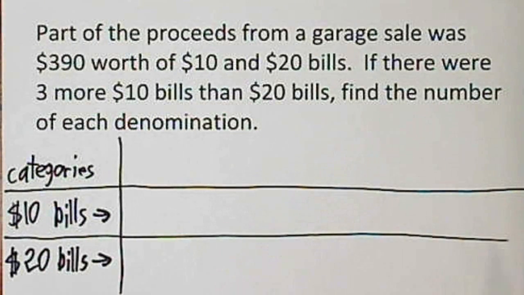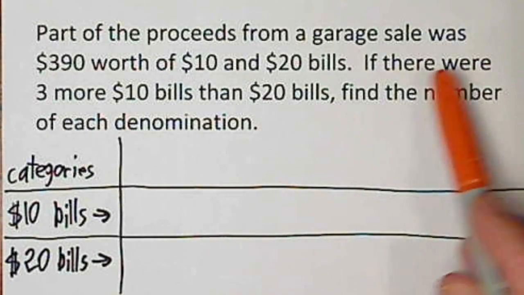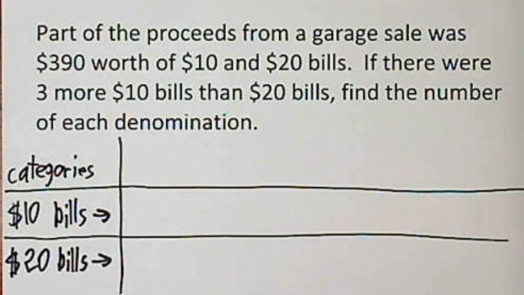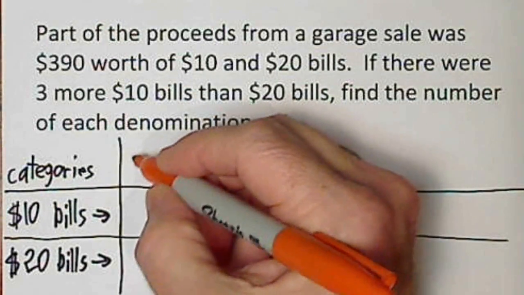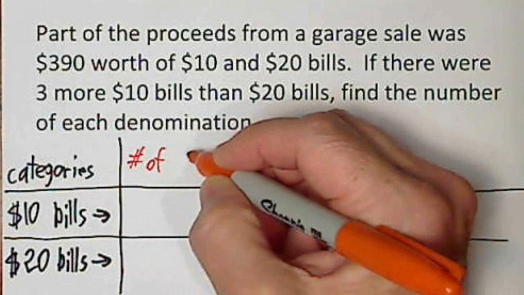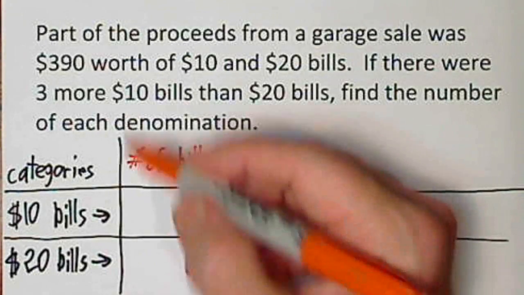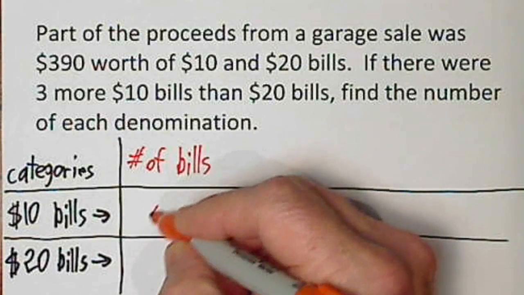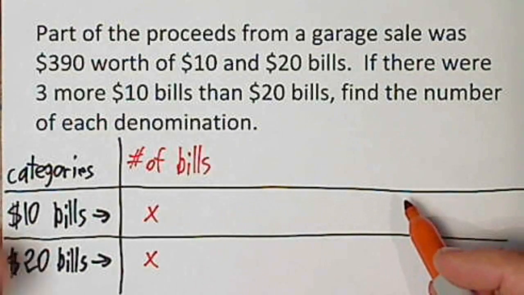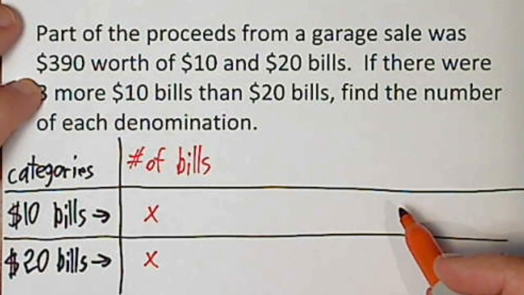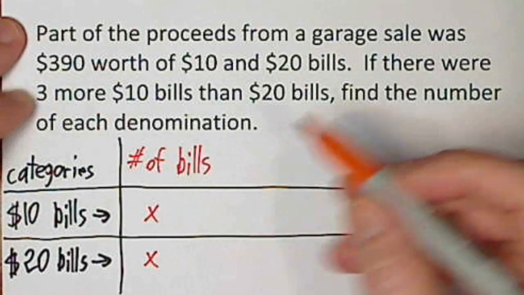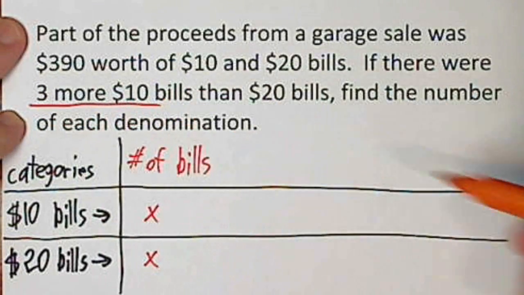And I'd like to get some variables in here. They want to know how many. So this is the number of bills, and I want to use the same variable, so I'm going to say X and X. There's 3 more 10s, so 3 more $10 bills.